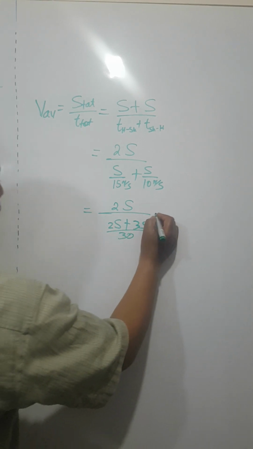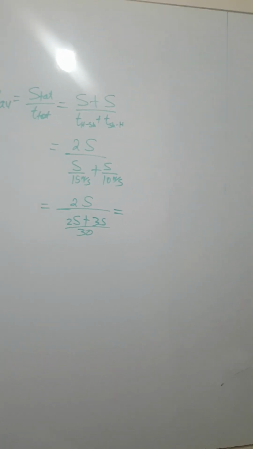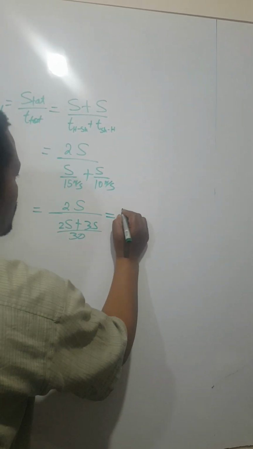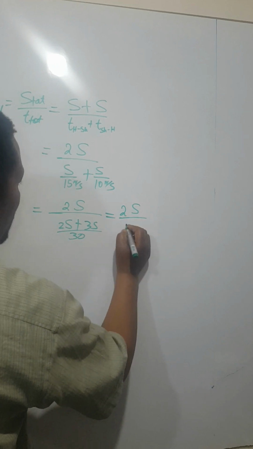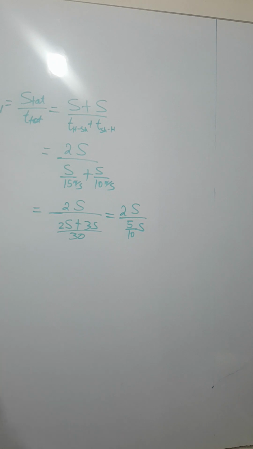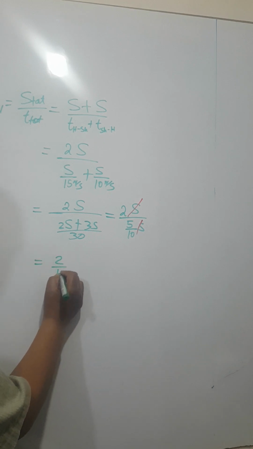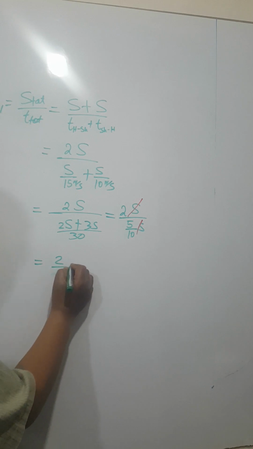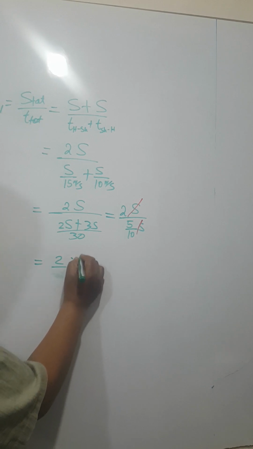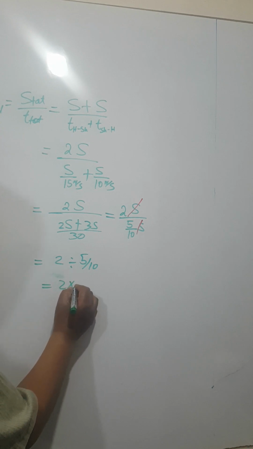Now this is equal to 2S divided by 5S over 30. Now S can be cancelled out.